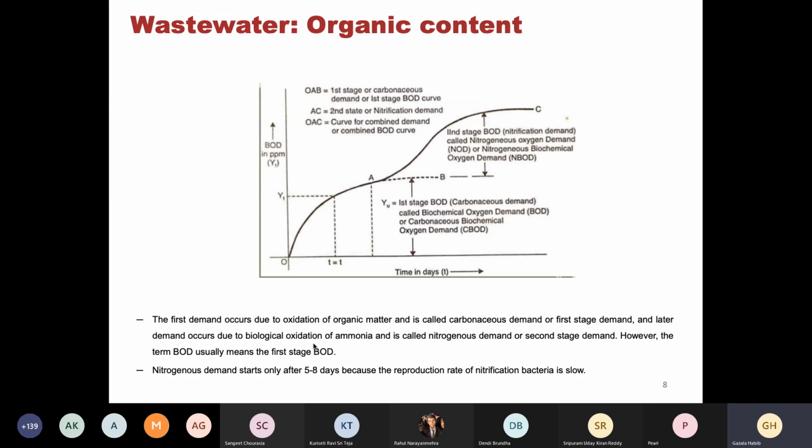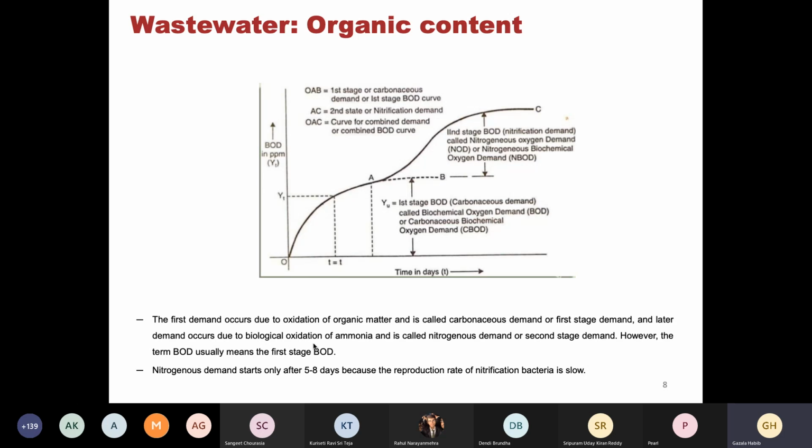As we have seen, BOD, biochemical oxygen demand, includes the oxygen demand of carbonaceous material, nitrogenous material, and some reducing compounds. This curve shows that in the first stage, within 5 to 8 days, whatever oxygen is consumed by bacteria to degrade the carbonaceous organic matter is generally known as BOD5.